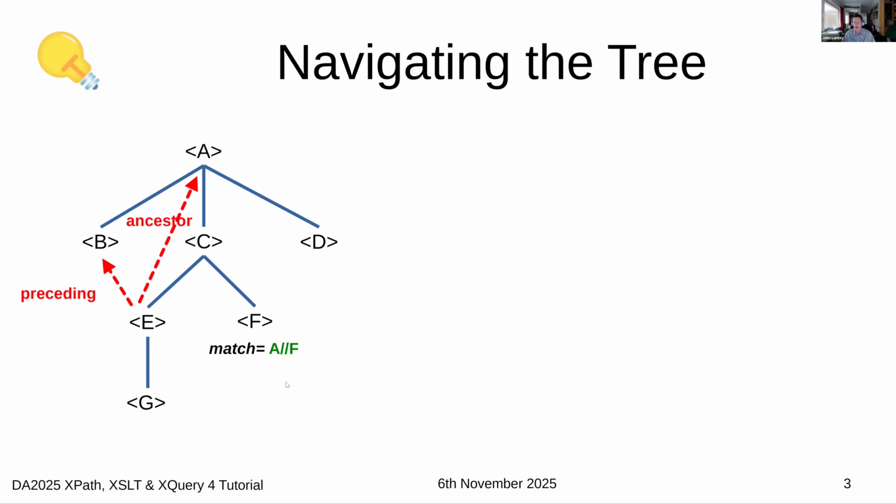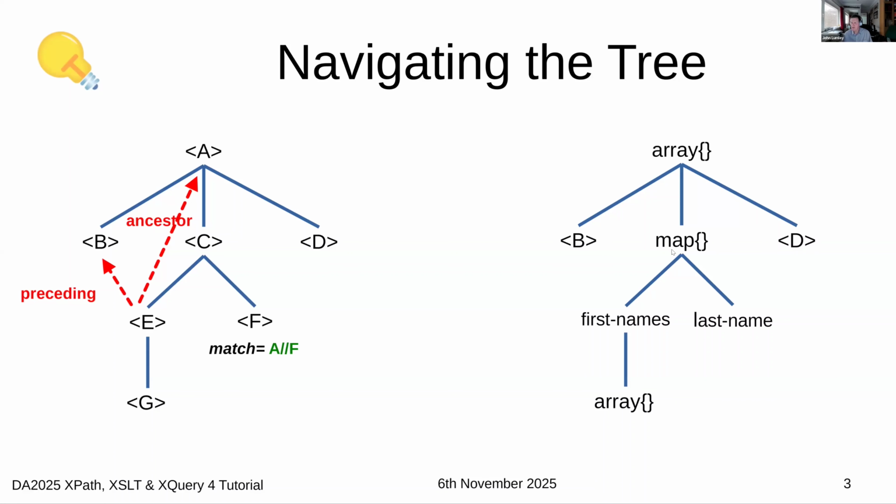Unfortunately, if we start to try that in a case where we've got an array that contains a map that contains an array, we haven't got the same mechanisms for going up. We can go down a little more easily, but going up is much more difficult.